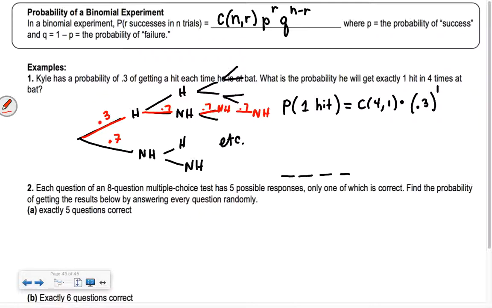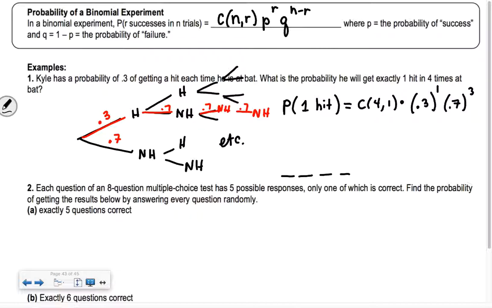Do we see this on the chart, on the tree? So I have 0.7 how many times? 3 times. So we're just listing how many times we have each thing. So the probability of us getting hit was 0.3. We had that once. The probability of Kyle missing was 0.7, and that happened 3 times.